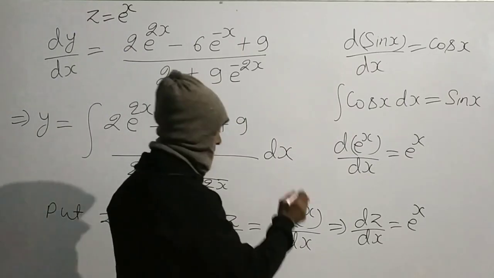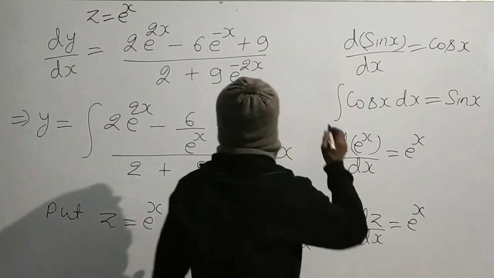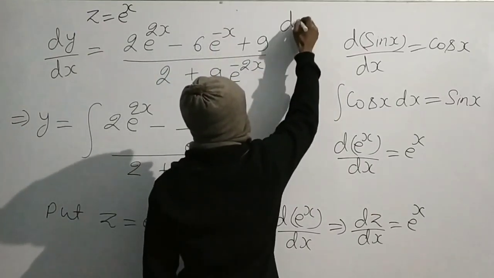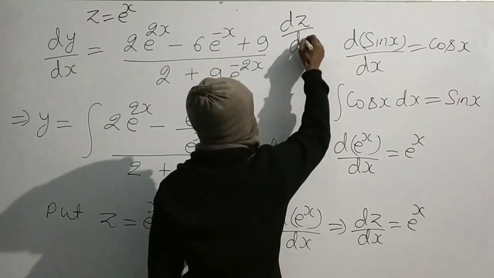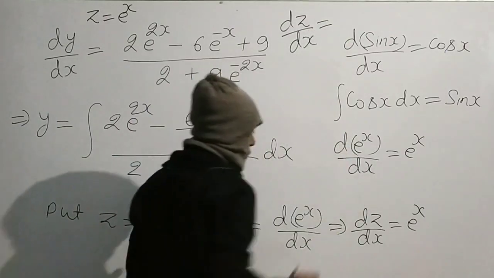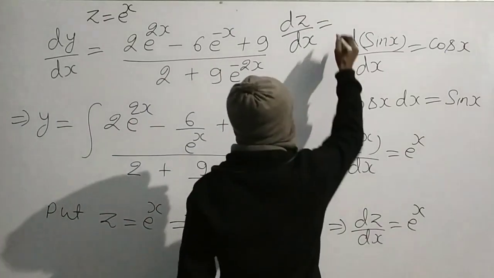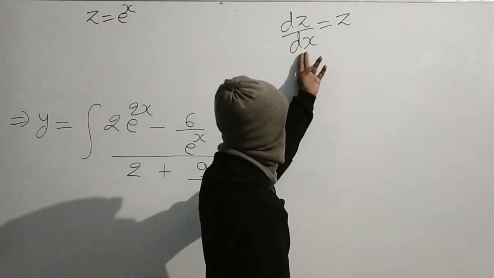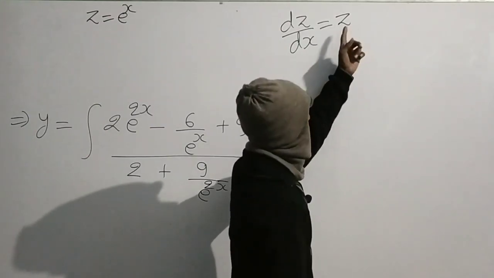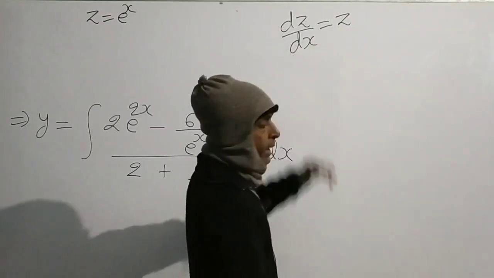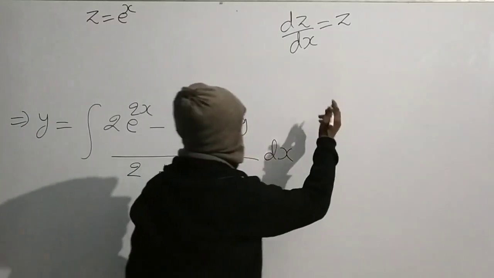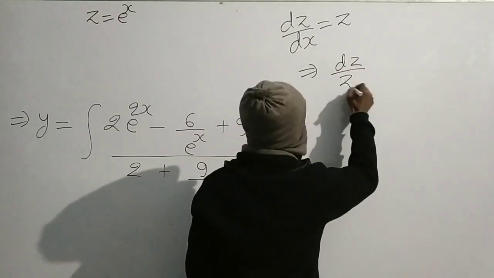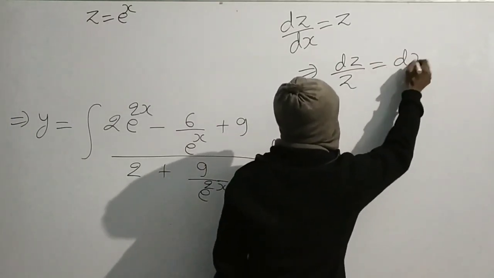That means dz/dx will be equal to z. We shift this dx to the right hand side and this z to the left hand side. Then we get dz/z is equal to dx.